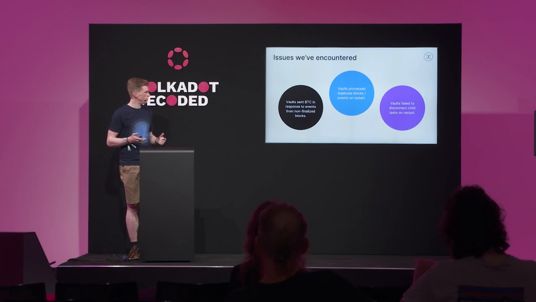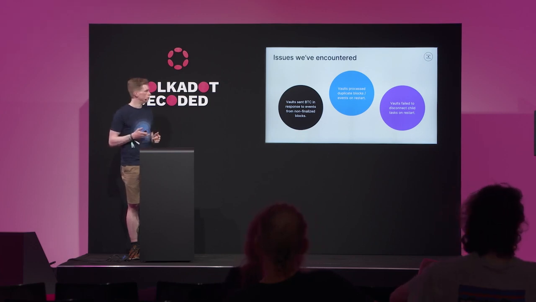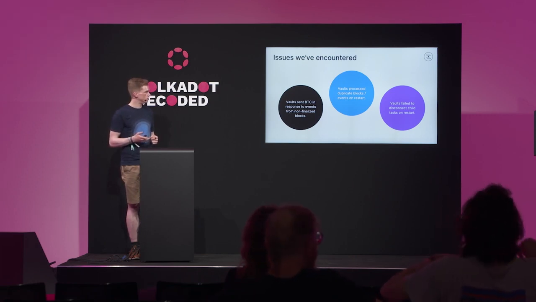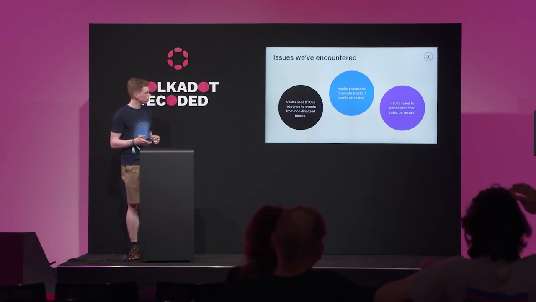And one of the things I should have mentioned with the Vault client is it is stateless. So it's based on data it reads from the parachain and the Bitcoin network. We're looking into changing that. I think we always wait for the next block now in order to keep processing. But this was one of the main issues we faced early on.